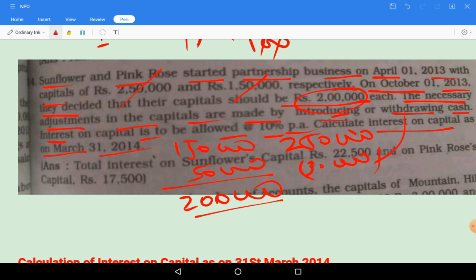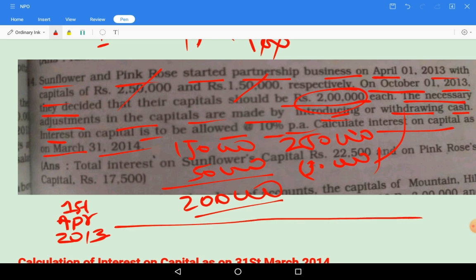So when they have started the business in April 2013. If you want to write date also first. When books are closed 31st March 2014.